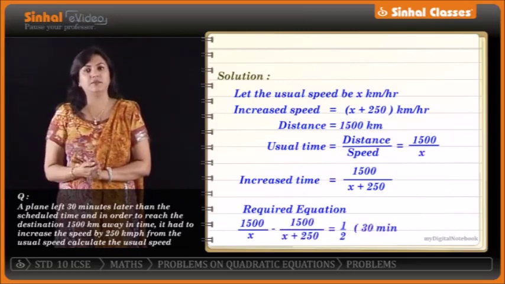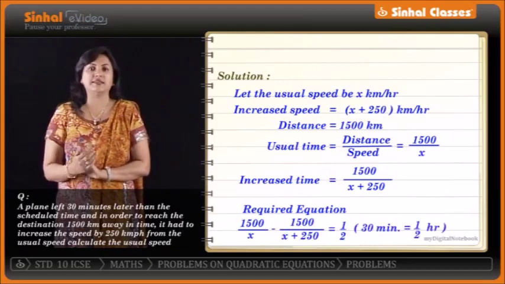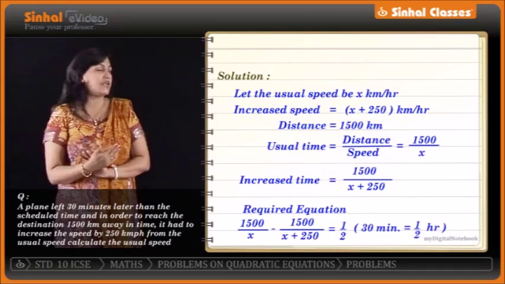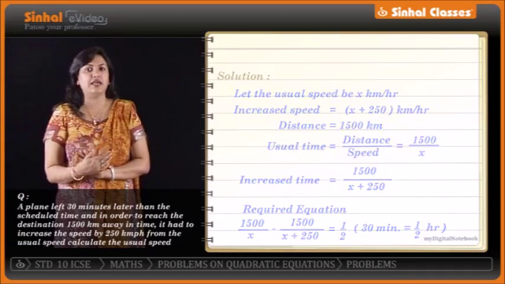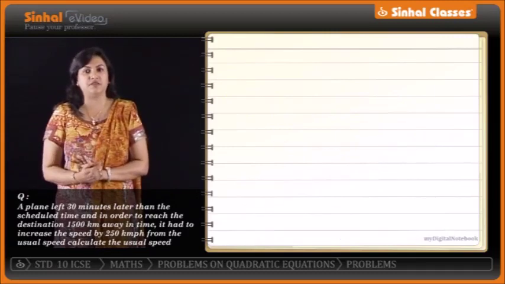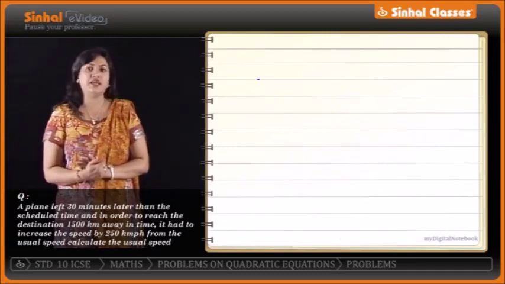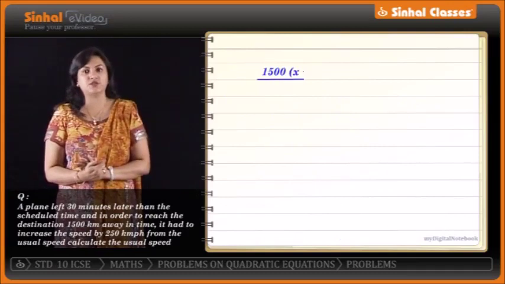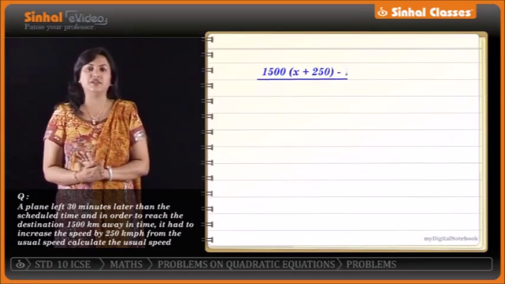Now we convert 30 minutes to hours, that is half an hour. Now take the LCM as x into x plus 250. We get 1500 into x plus 250 minus 1500x upon x into x plus 250 is equal to half.